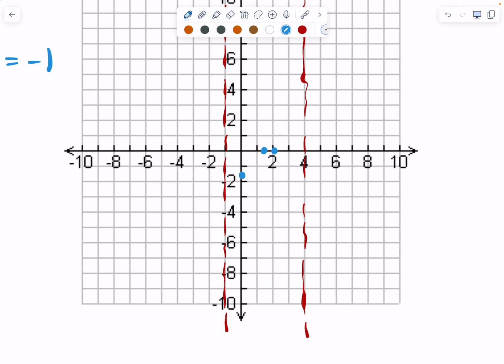So what that tells me is that the graph is probably going to trend down towards negative infinity here, cross through a little bit there, and then trend down towards here, just because those are the only two x-intercepts. Now, you could do the test values to the left and right of the vertical asymptotes, just to confirm that. But that's the only way that we would have our y-intercept below the x-axis.